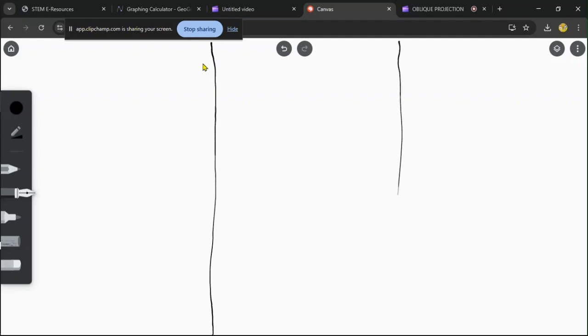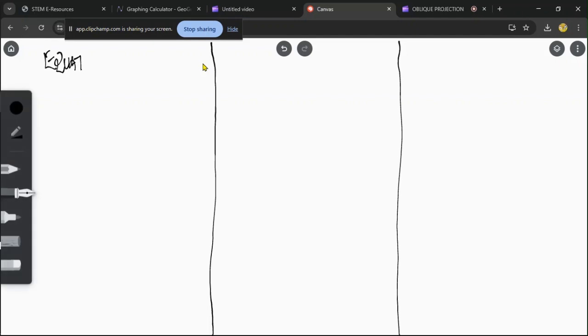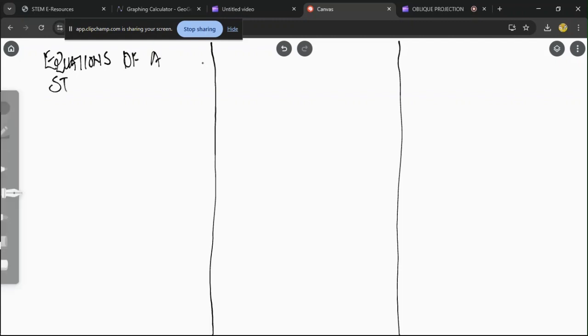So I want to have a quick review. The instruction here is that solve the following simultaneous equations. So of course these are under equations of a straight line.